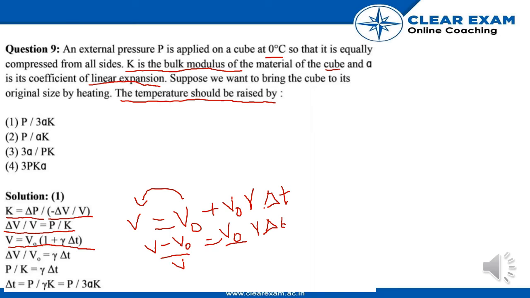V minus V naught is delta V, so delta V divided by V naught will be gamma delta T.